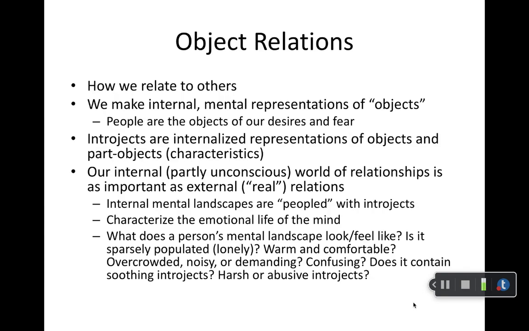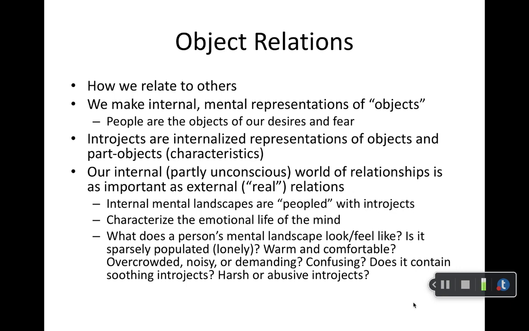So here are some of the main ideas of object relations theories, and these are the ideas that these theorists have in common, basic assumptions that they share. So again, the main focus is how we relate to others, but they're really interested in our internal mental representations of others and objects. So that means how we think about, feel about, and envision other people and our relationships with them.